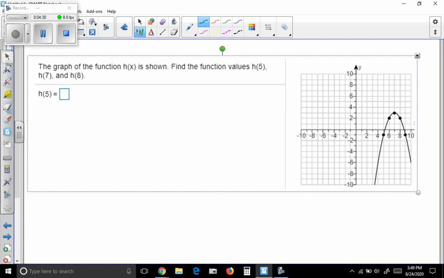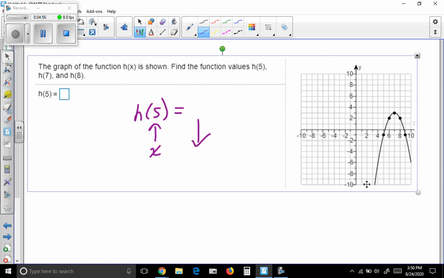Now this question has us interpret some function notation. In function notation, if we have something like h of 5, the value on the inside is an input value, also known as our x value, and the answer to this is our output. In other words, when x is 5, what does that correspond to?